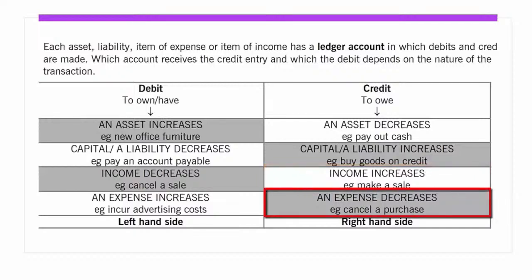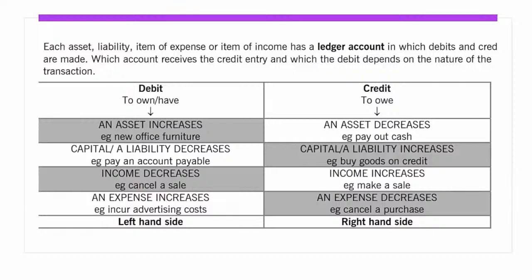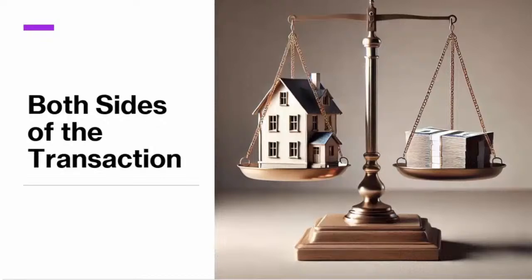An expense decreases. If you cancel an expense, like reversing a purchase, the expense decreases, so it goes on the credit side. Key takeaway: the debit and credit sides are like a balancing act. For every action, debit, there's an equal and opposite reaction. Credit. That's what keeps your accounts accurate and your financial records balanced.